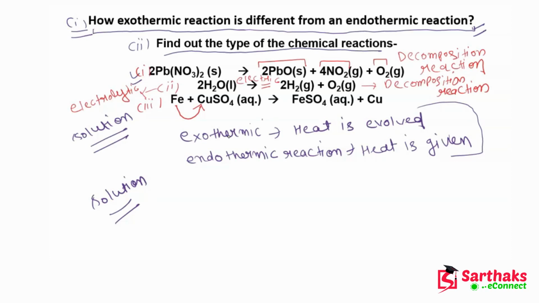So it is an example of a displacement reaction, because iron is more reactive than copper, so it displaces copper from its compound. That's why this is an example of a displacement reaction.